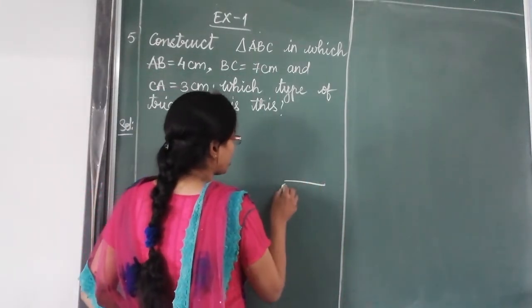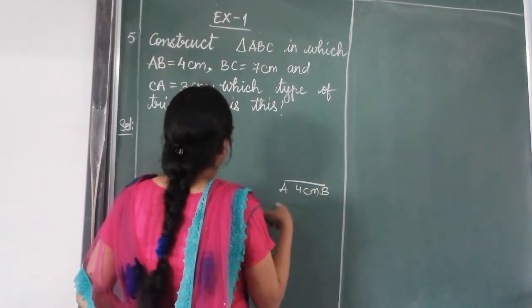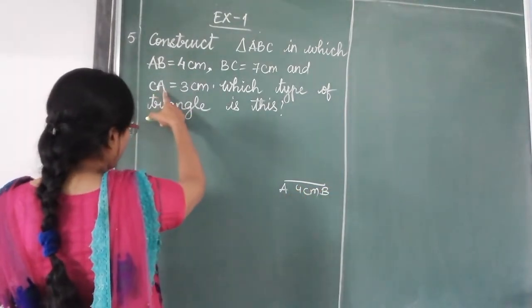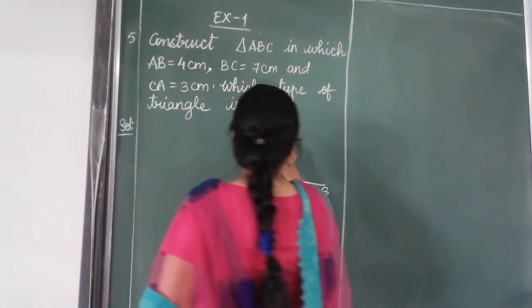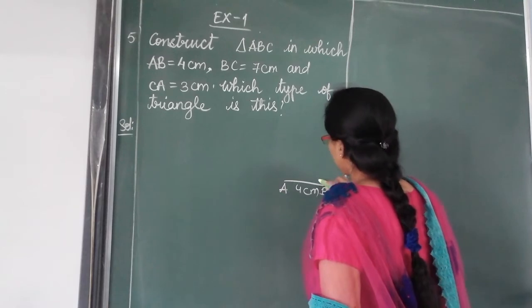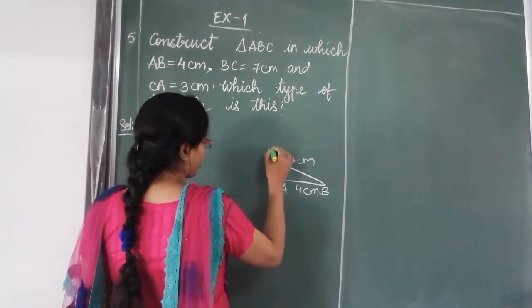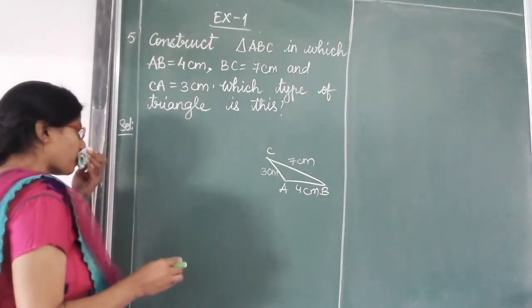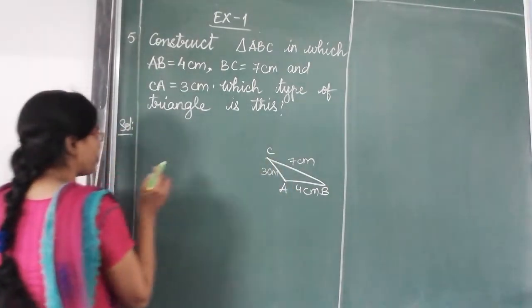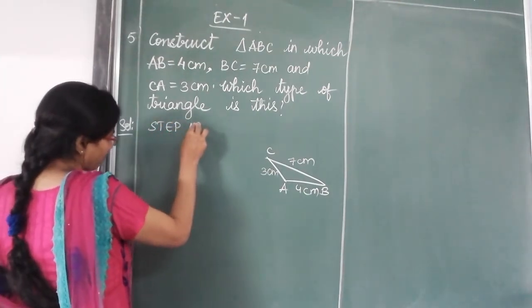So I am taking AB as the base, 4 centimeters, and BC is 7 centimeters, so this is going to be the longest. CA is 3 centimeters. So this is the approximate shape that we are going to get. So let's write step 1.